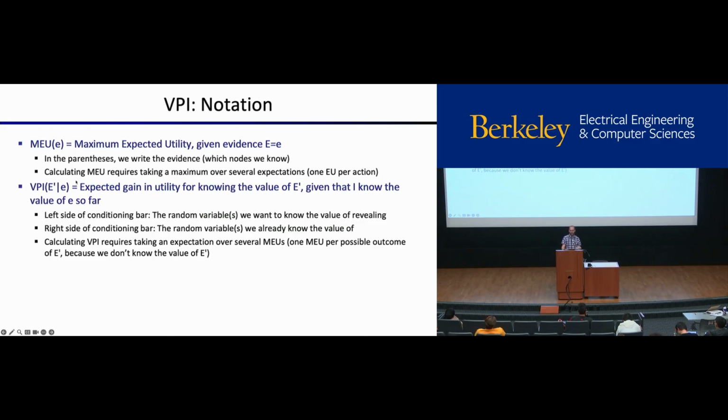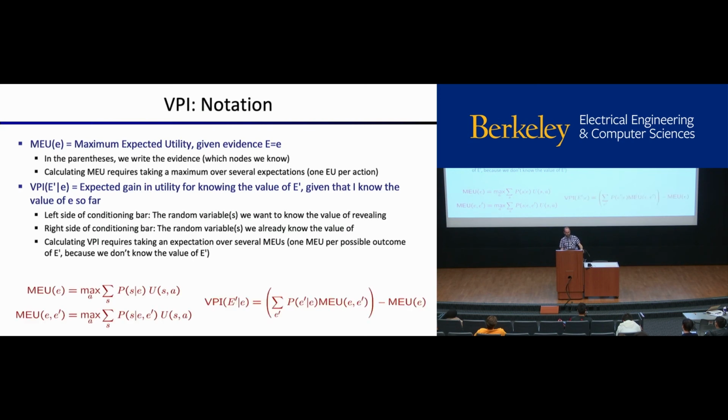To the right is the random variable that we already know the value of. And calculating this requires taking an expectation over several maximum expected utilities, one for each possible outcome of E prime, because we don't know the value of big E prime. And then each maximum expected utility is going to involve calculating several expected utilities, one for each action, and then taking the maximum. So here are the equations, which I've described already.